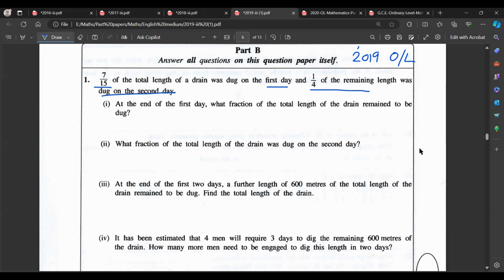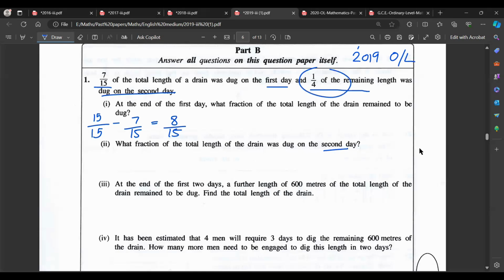At the end of the first day, what is the fraction of the total length of the drain remaining to be dug? If there are 15 parts, 7 parts were dug on the first day. So remaining, what? 8 out of 15 after the first day.